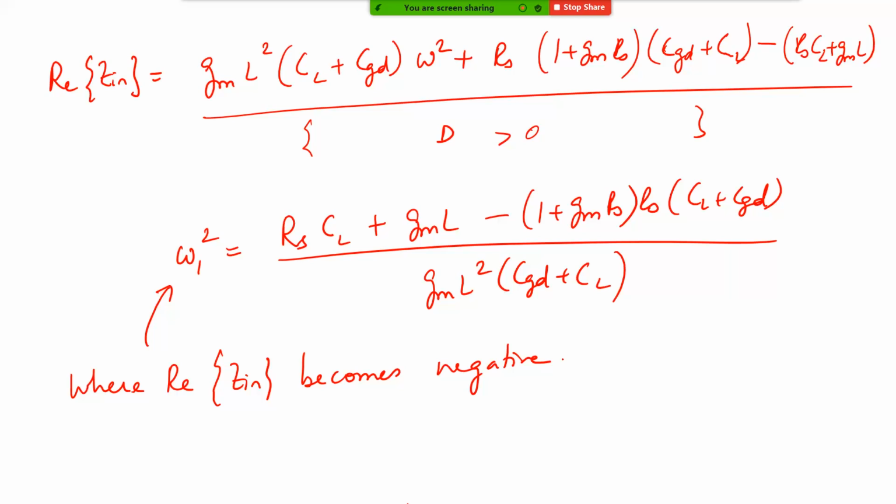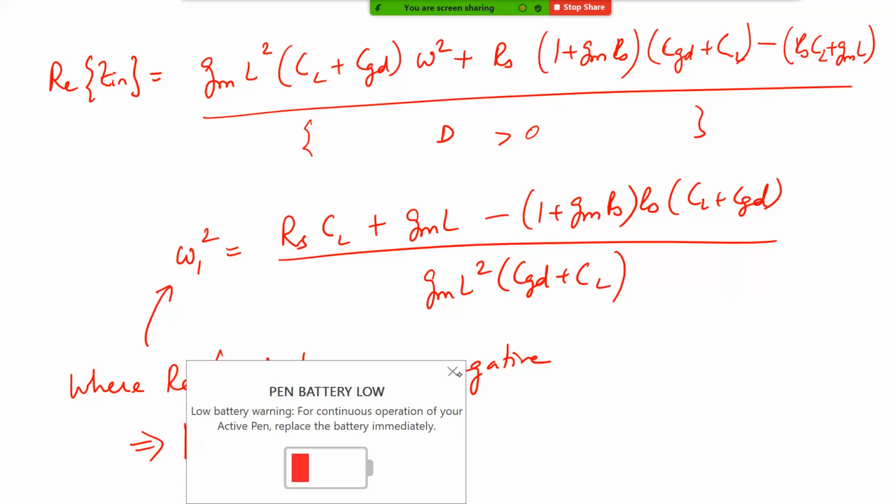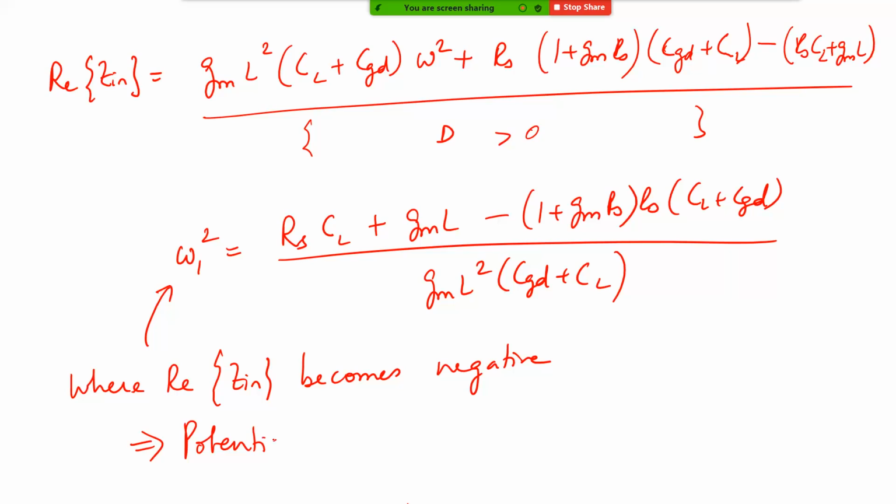Oscillators, exactly. If you recall your oscillators, what you would have learnt in your analog electronics, the negative resistance cancels out the loss in the tank circuit, right? And you will basically get an oscillator. Now here again, you are having a negative impedance, and therefore there is potential instability. What is instability?